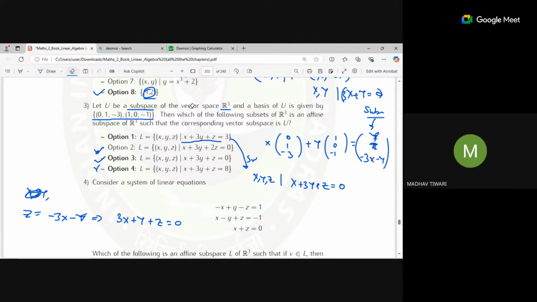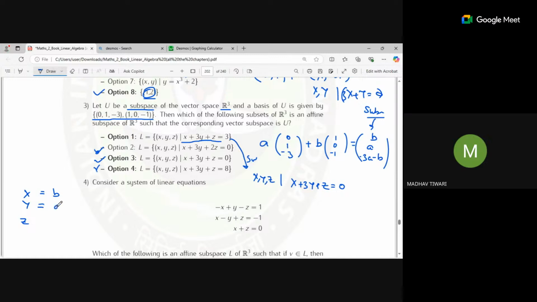Okay. So simply, let me do one thing. Instead of x and y, it is confusing. So let me use some other thing. I will use A and B. Okay, then it will be easy. So this is B, this is A. Minus 3A minus B it is. So from here, if I compare these values now, my vectors are all in this form x, y, and z, where x is equal to b, y is equal to a, and z is equal to minus 3a minus b.